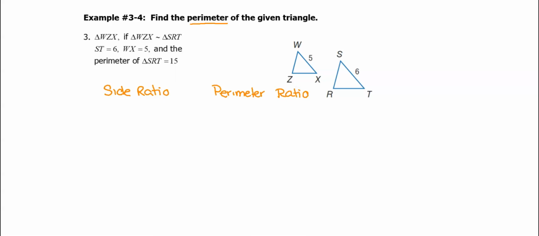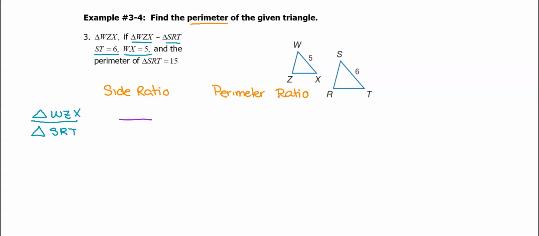We have two triangles. They have it in the directions that WZX is similar to SRT. They also have in the directions 6, but as you can see, it's already marked in our diagram. The WX is marked in our diagram as well. So I'm going to be consistent, and I'm going to write all my information for triangle WZX on the top of my fraction, and all the information for the triangle SRT will be on the bottom, just so I can organize my thoughts.